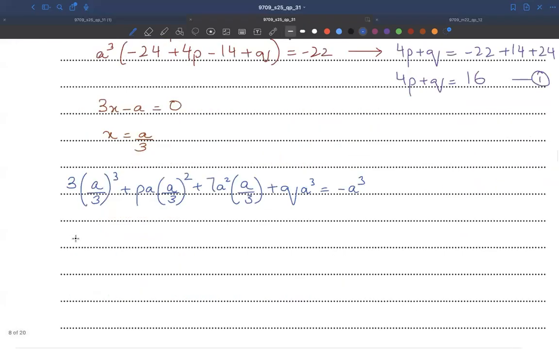Simplifying this, we'll get 3 into a cube upon 27 plus pa cube upon 9 plus 7a cube upon 3 plus qa cube equals minus a cube.